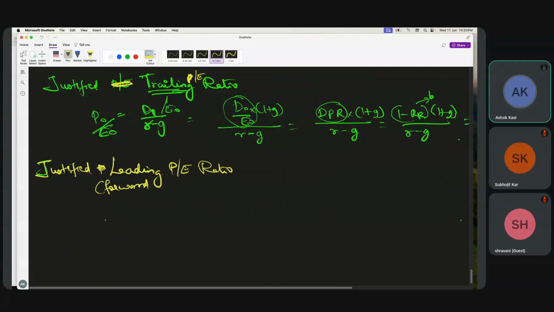So for this one, P0 is equal to D1 by R minus G. Now divide by E1 on both sides. E1 means expected earnings, forward looking.